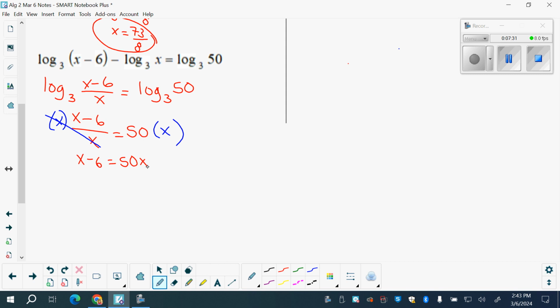What next? Minus x. Negative 6 is 49x. And then divide by 49. So x equals negative 6 over 49.